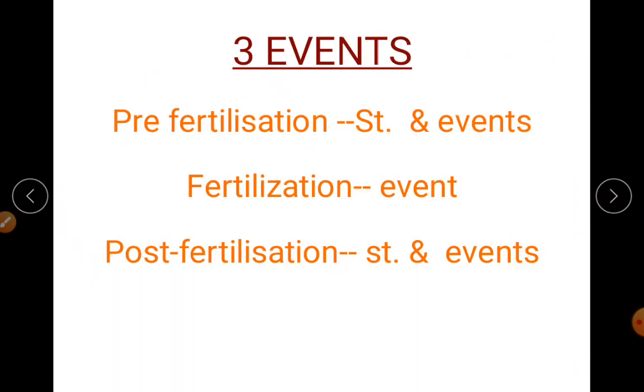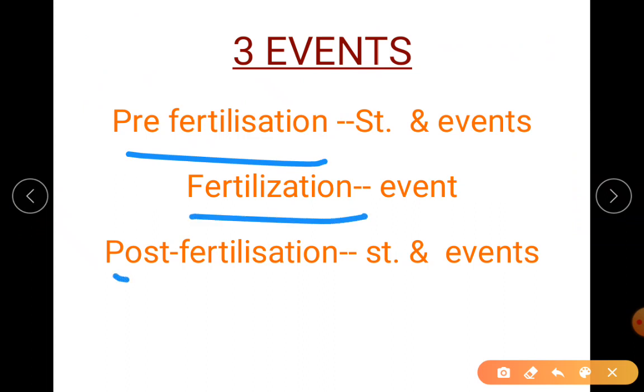Now recalling back your 3 events: pre-fertilization, fertilization, post-fertilization. Here we are going to study one by one, and under that we are studying the structure as well as the event.